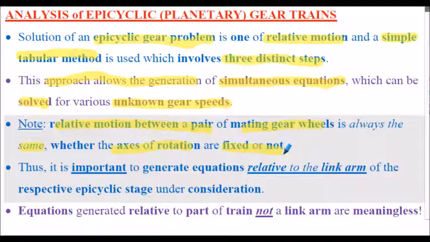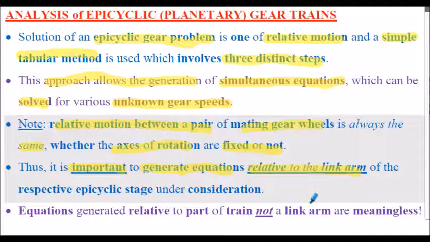We have to make sure we always have our velocity ratios, our gear ratios, related to the link arm. And this is really important. You must remember this. It's very important to generate your equations so that they are always relative to the link arm. In other words, we're considering the link arm to be fixed, as far as the gears that hold them are concerned, which would be the situation you'd have if you were looking at a simple or compound gear train in the past.